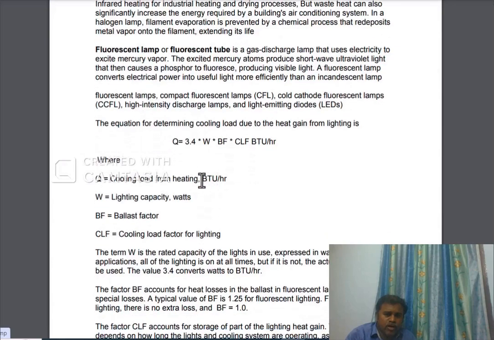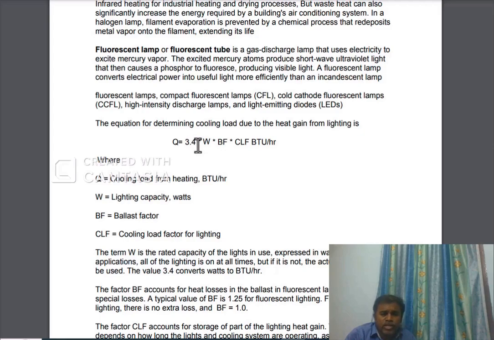So the formula is Q is equal to 3.4 into W into BF into cooling load factor. If you are not multiplying with 3.4, this Q value will not come in BTU per hour. This is a constant factor we multiply so that the Q value will not be in watts, it will be in BTU per hour.